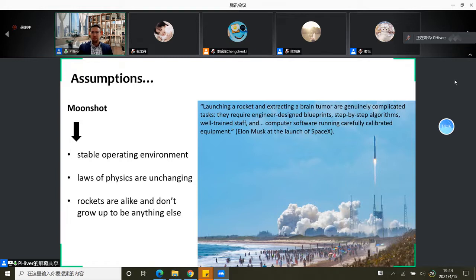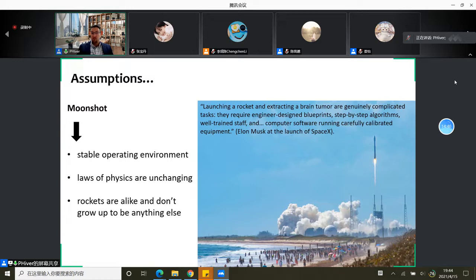This is a picture of the beach at Cape Canaveral here in Florida. And several times a year, they launch rockets and satellites from here. And so what are some of the assumptions of launching a rocket to the moon? Well, in a moonshot, I think the engineers assume there is a more or less stable environment at the launch site.